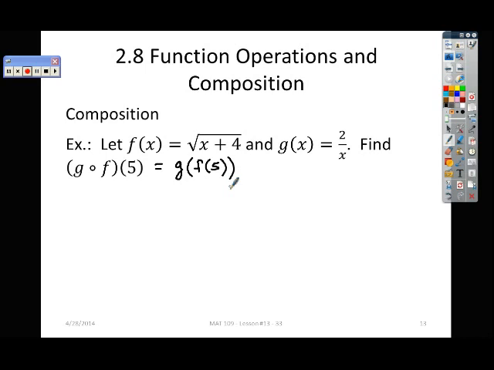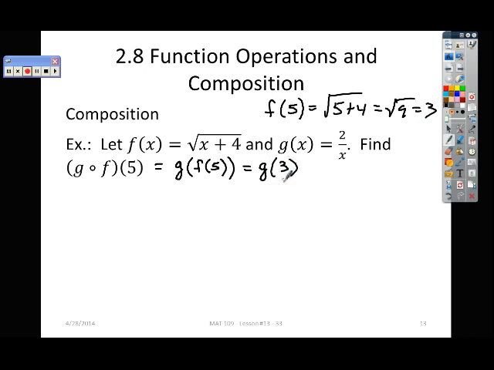Well, this obviously evaluate f at x equals 5. Well, f of 5 is going to be equal to the square root of 5 plus 4 equals square root of 9 equals 3. So this is g of 3.